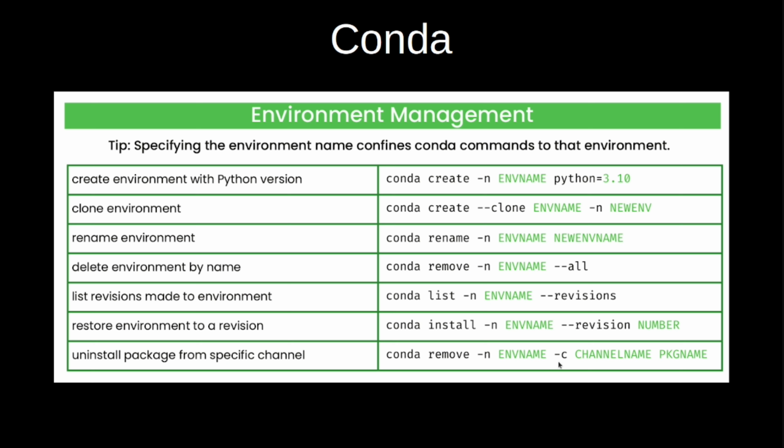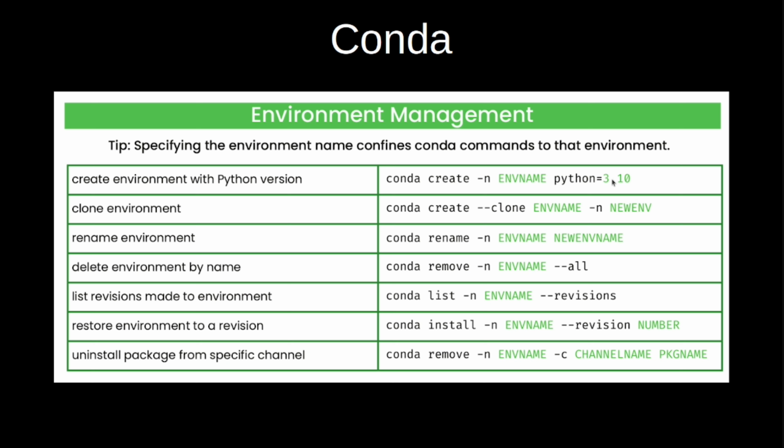But we can set also the channel of the packages we want to remove from that certain environment. For example, in the case we have more than one package from more than one channel, and we want to remove one of the packages of a certain channel. This is very unusual, to have more than one package with the same name from more than one channel, so I'll not test this one.